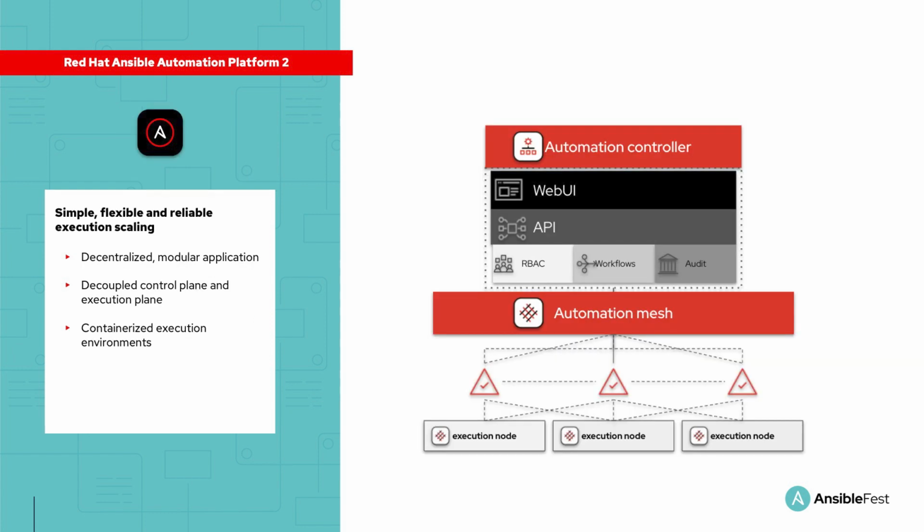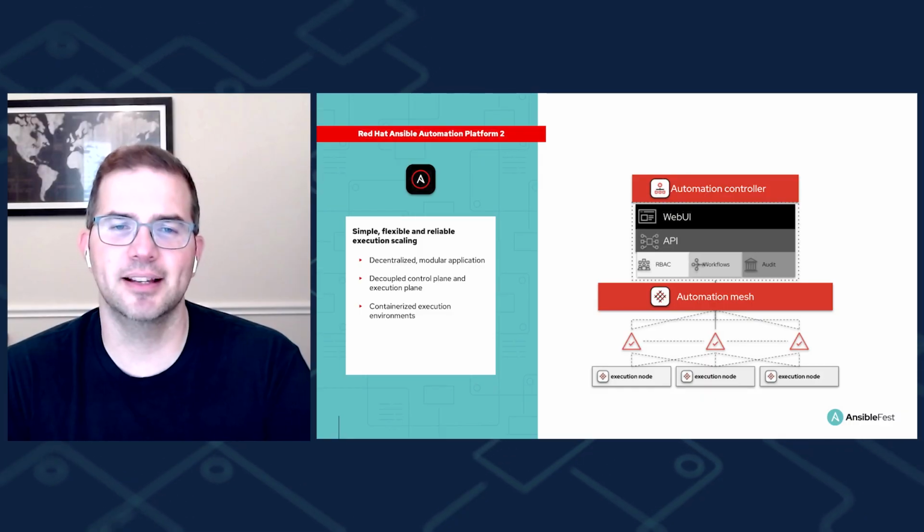What does this architecture look like? Ansible Automation Platform 2 introduces a decoupled control plane and execution plane, making it easy to scale your automation as your needs grow. Better yet, you can start as small as you need and grow without the need to change the architecture. And how is this done?